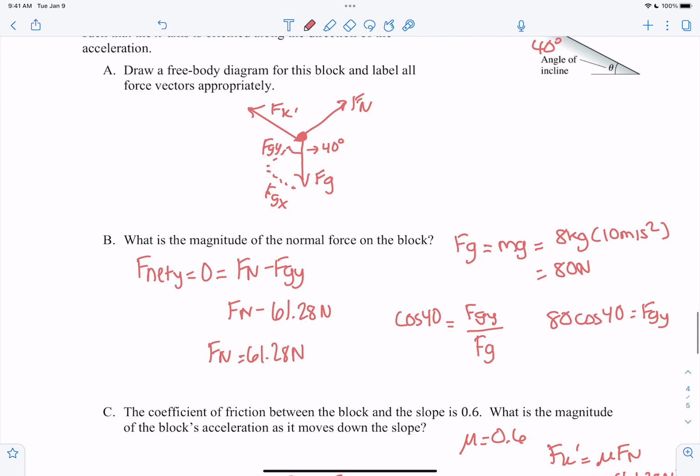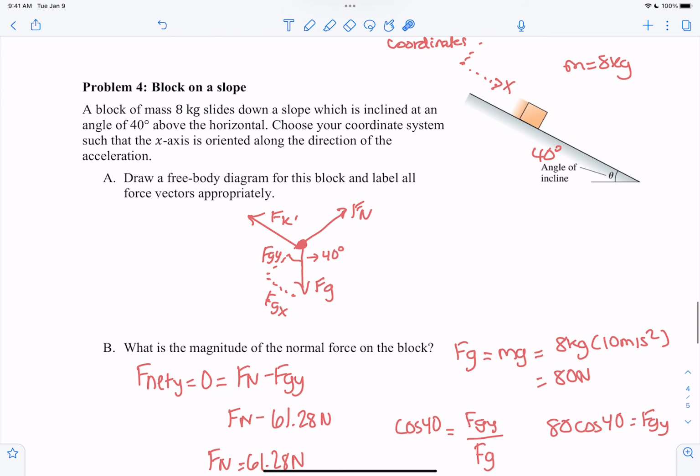So what trigonometric function can we use to figure out FGX? Sine, right? So sine of 40 degrees.